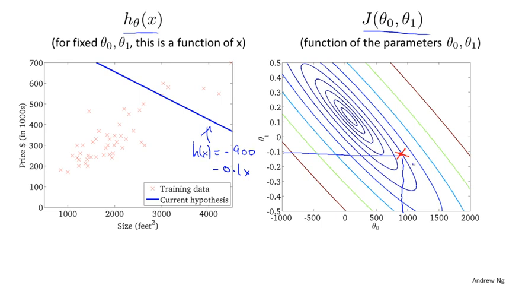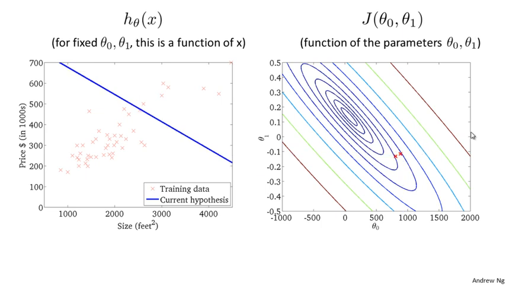Now, if we take one step of gradient descent, we end up going from this point out here, a little bit down and left, to that second point over there. And you notice that my line changed a little bit. As I take another step of gradient descent, my line on the left will change, and I've also moved to a new point on my cost function.